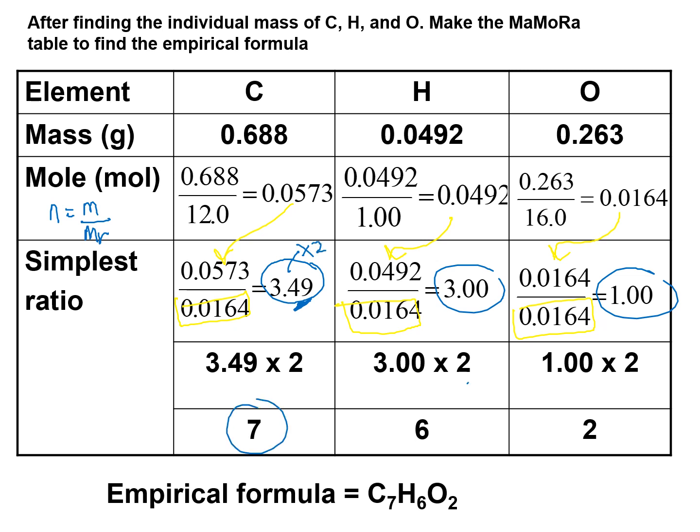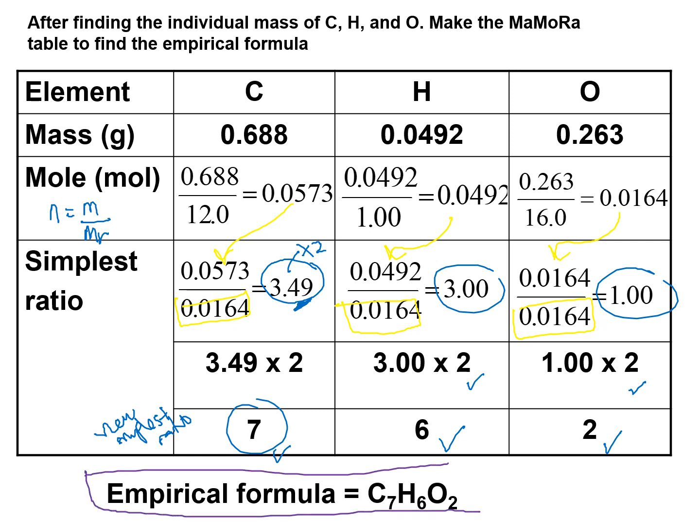So you kenalah kalikan semua juga dengan 2 supaya you dapat new simplest ratio di sini. Okay, which is you dapat nombor bulat dah. C you dapat 7, H you dapat 6, oksigen you dapat 2.